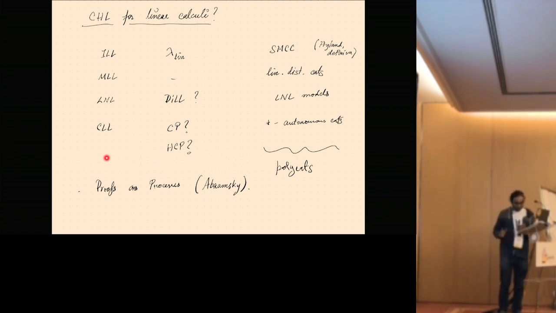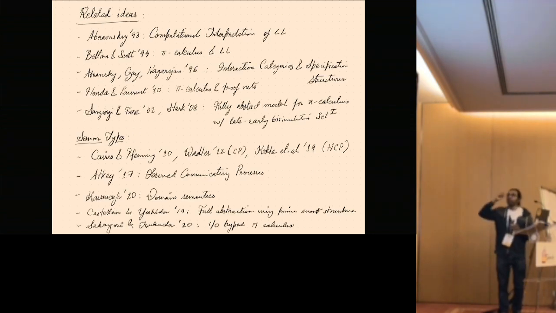So what is the right structure to capture session types? There was the famous proofs as processes program by Abramsky, which people started thinking about a lot, and there is a lot of work by people, and everyone had a different opinion on what the right language for concurrency should be.